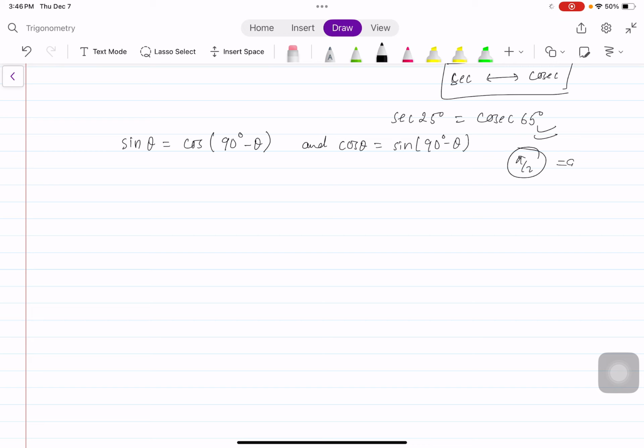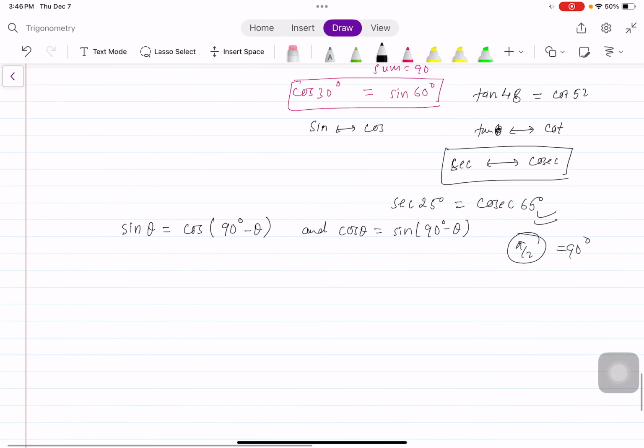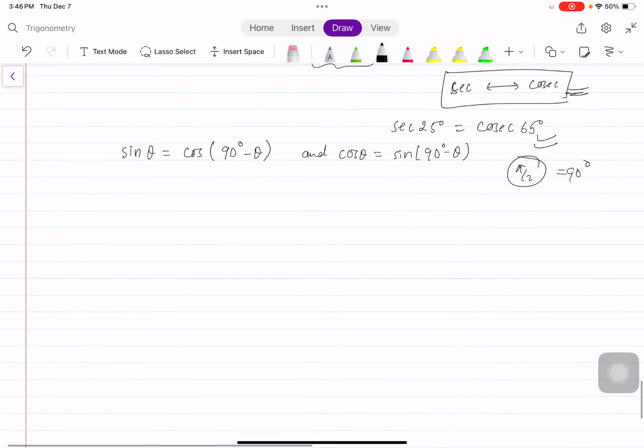Pi by 2 is 90 degrees. So this is the relation we can generalize from the previous discussion. Similarly, whatever pair we have, this pair or this pair, we can extract similar relations. That I will leave up to you.